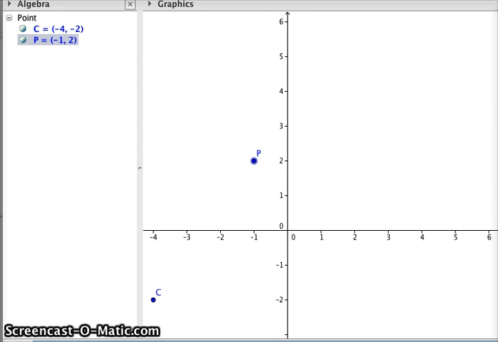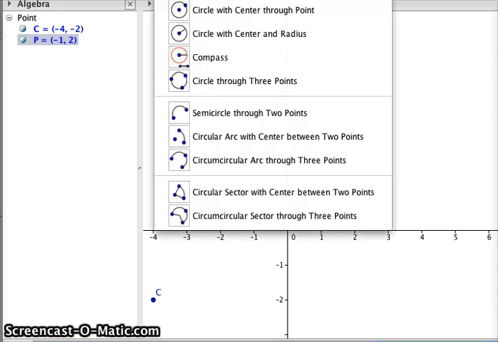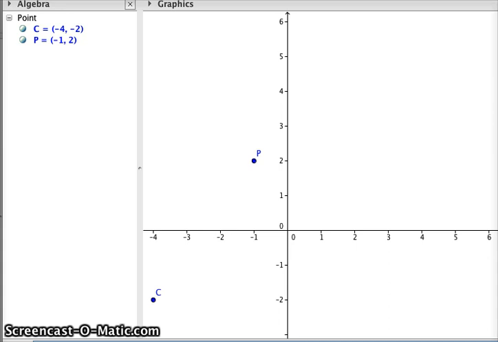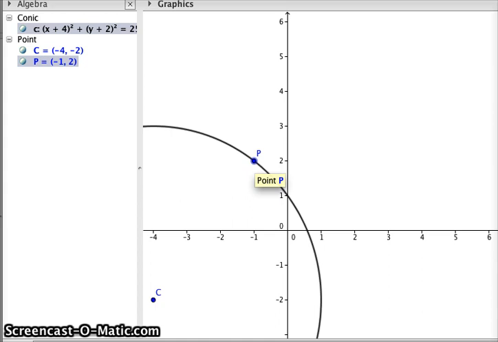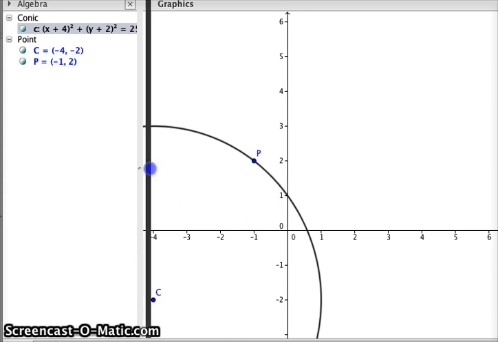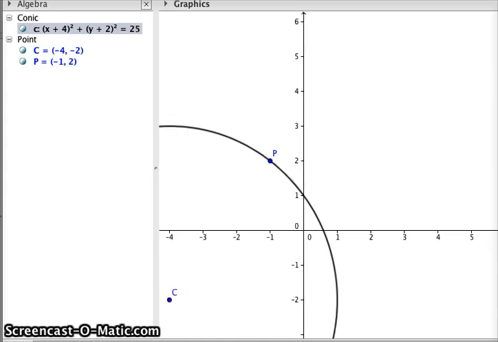We've got C and P for the center and the point on our circle. And actually in GeoGebra, it'll find it for us. So there's C, there's P, and if you see there, I'll drag it out. Right there is the equation of our circle that we should come up with.